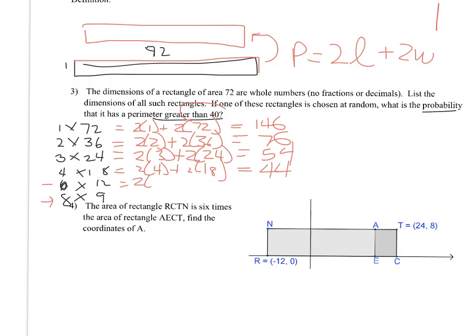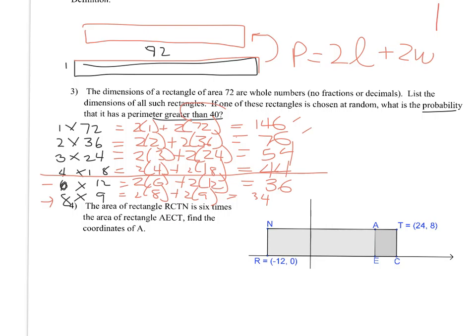So we've got 2 times 6 plus 2 times 12. That would be 24 plus 12, or 36. So finally, this one is below 40. And the last one, 2 times 8 plus 2 times 9, 18 plus 16 is going to be 34.